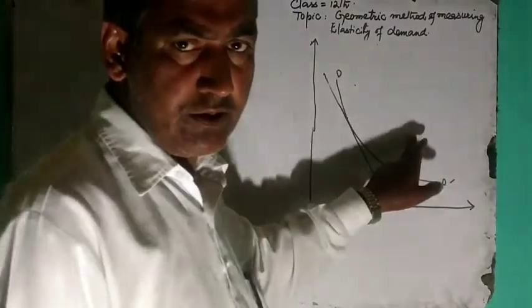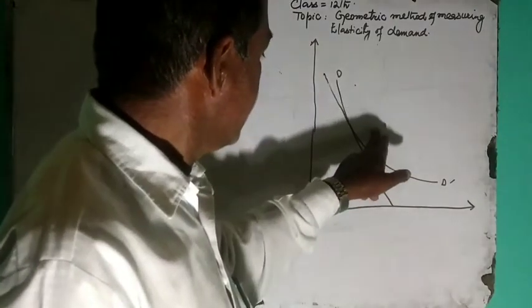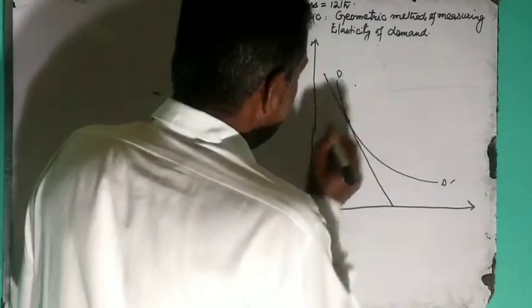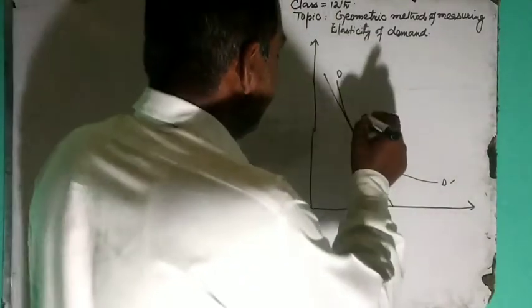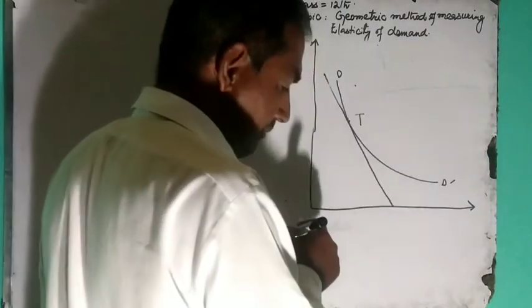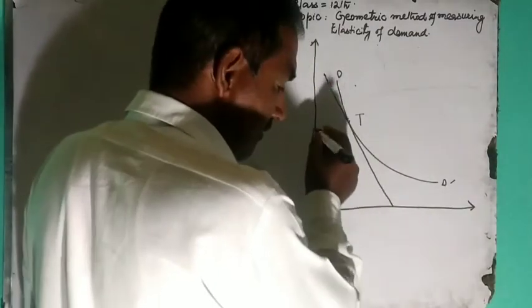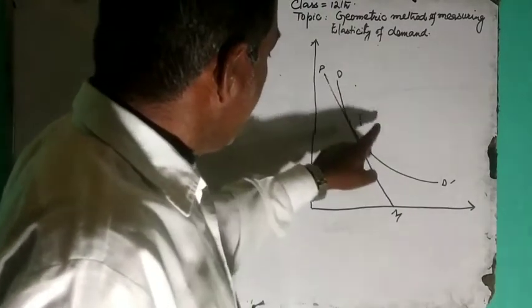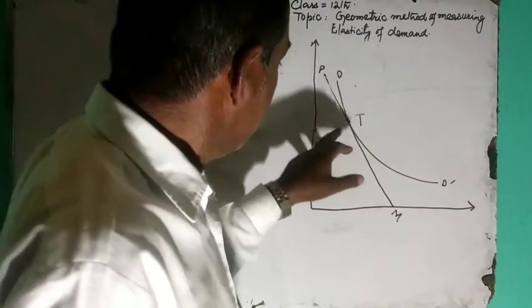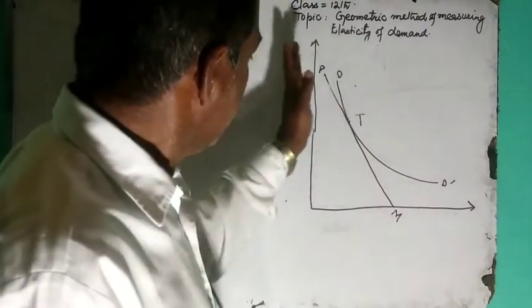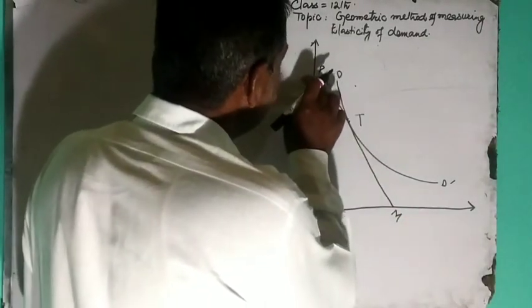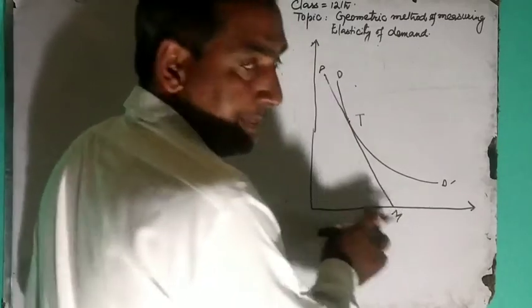If, for example, we have to measure elasticity of demand at point T on a normal demand curve, we have to draw a tangent to this point, and let this tangent be called PM.